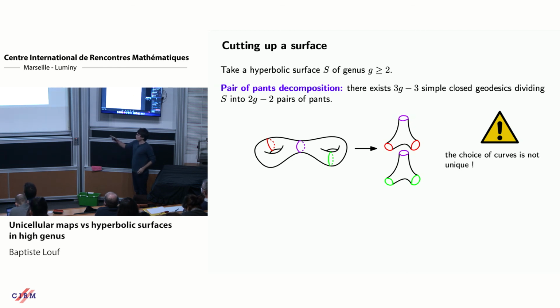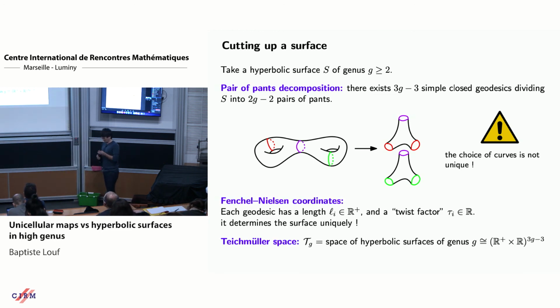And if you take your scissors and cut along them, you just obtain a bunch of pairs of pants. And the number of these cycles and pairs of pants is actually prescribed by the genus. One important thing, though, is that this choice of curves is not unique. This is important to note.